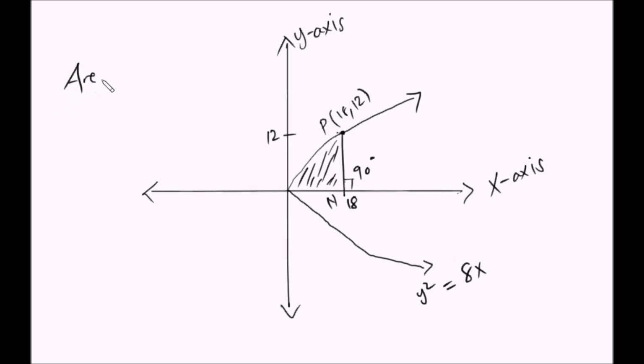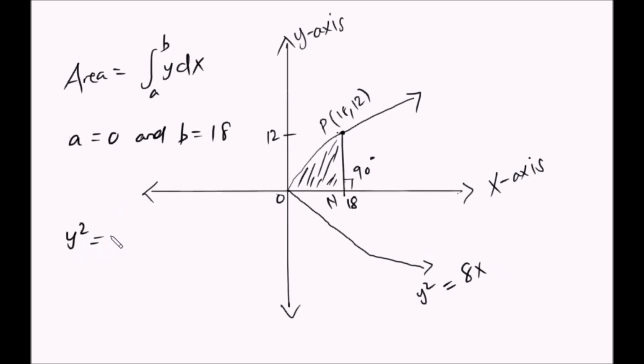Area waga ni integral from a to b of y dx. So hii region yetu imeanzia x equals to 0 mpaka x equals to 18. Manake a ni 0 and b is 18.